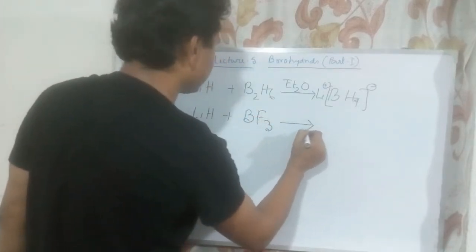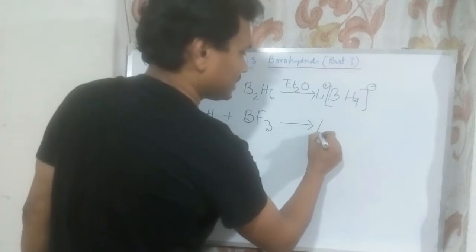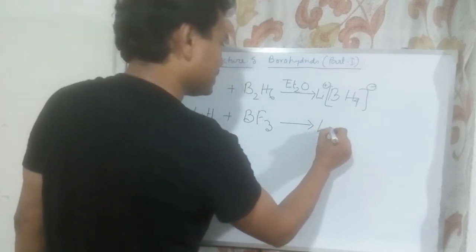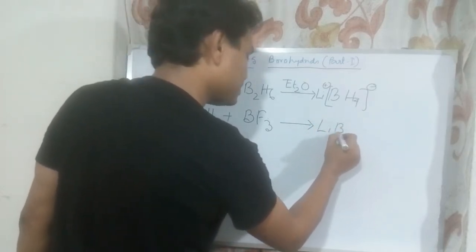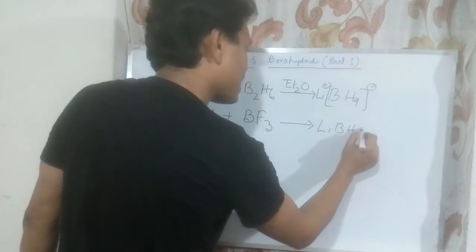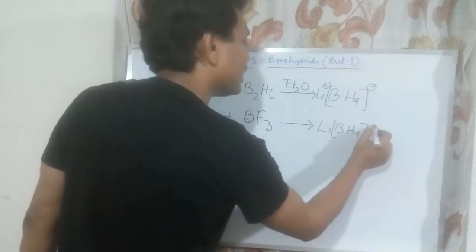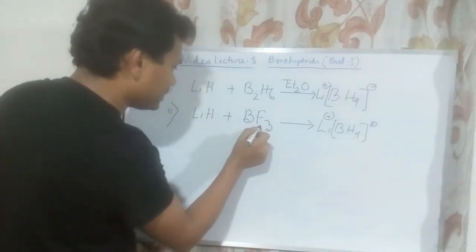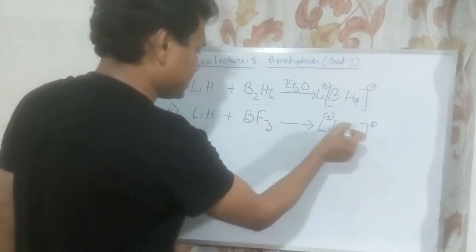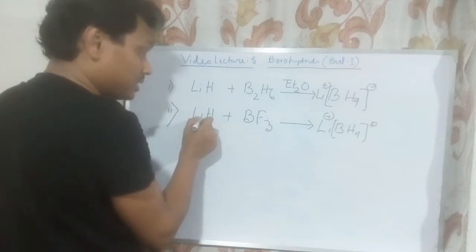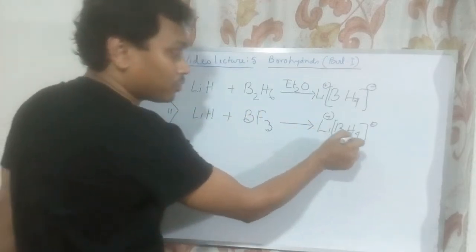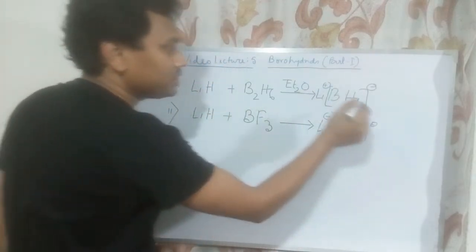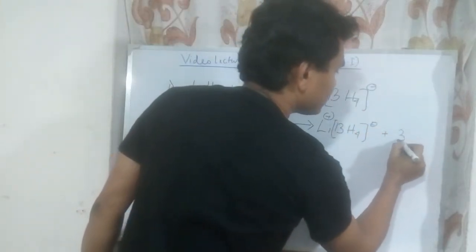It produces, first of all, lithium borohydride, and what is pending means fluorines are pending. Another thing, there are 4 hydrogens here, 4 from lithium, so 3 among 4, 1 is used here, so 3 lithium fluoride.